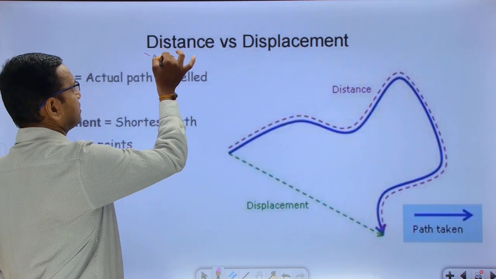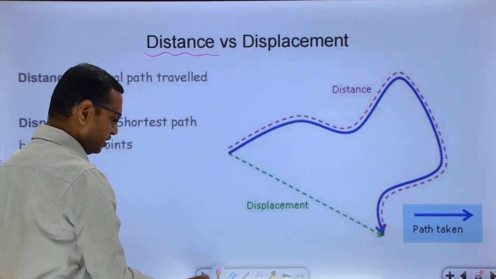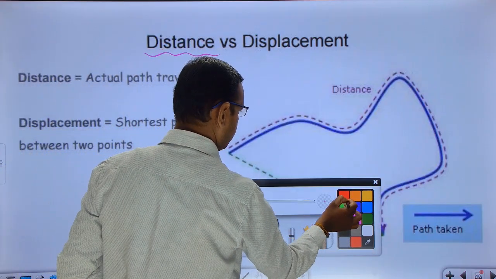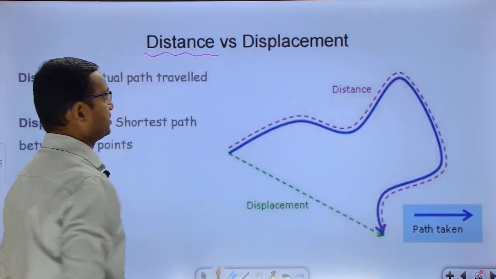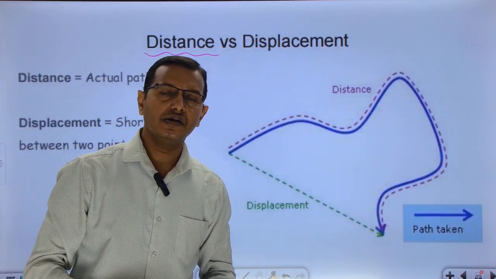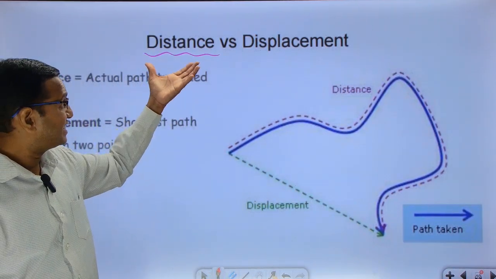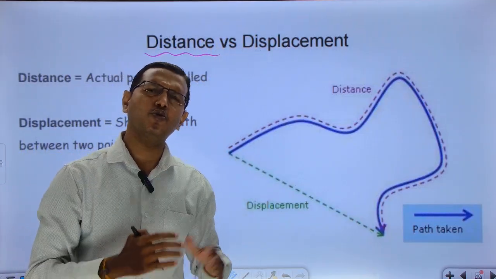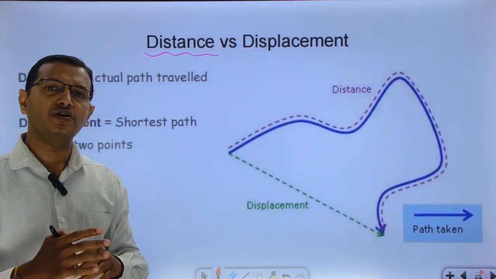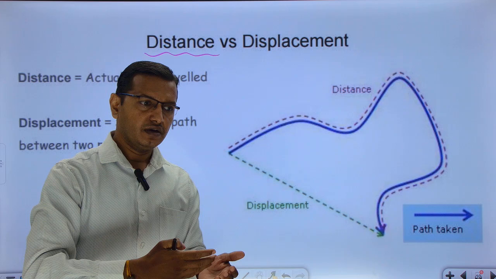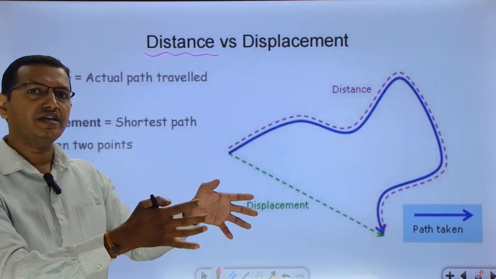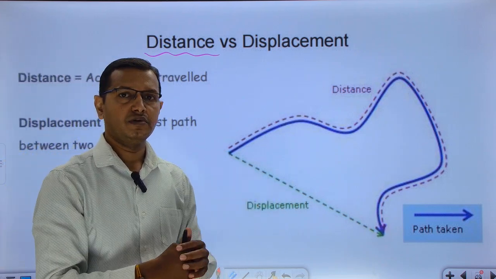First, let us discuss distance, and afterwards, let us move to the concept of displacement. So, what is distance? In physics, you will get so many quantities. What is a quantity? Anything which is variable or measurable.